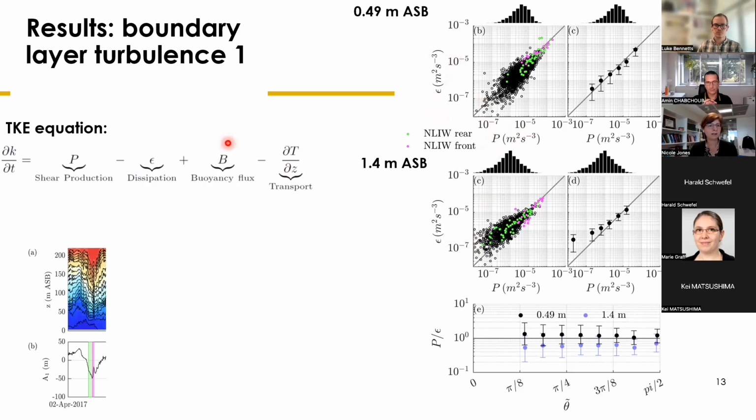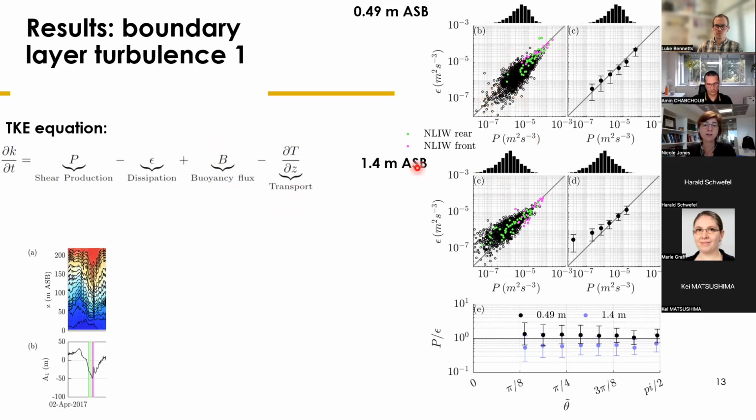If we remind ourselves of what the turbulent kinetic energy equation is comprised of, the change in turbulent kinetic energy is the sum of the shear production of turbulence minus the dissipation, plus the buoyancy flux or buoyancy production, minus the turbulent transport. So we can see that in this region close to the bed, we have a close agreement of the production and dissipation, and this indicates that we're probably within the inertial subrange with this instrument.